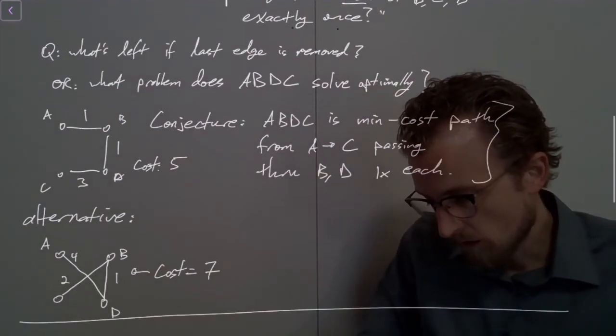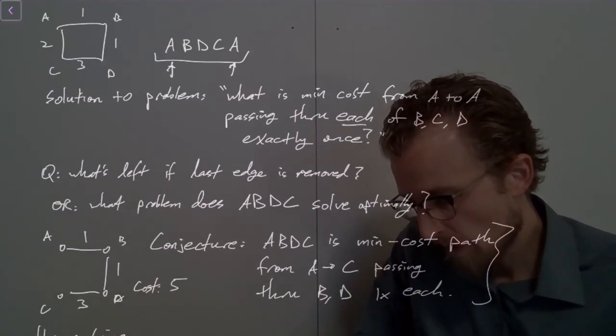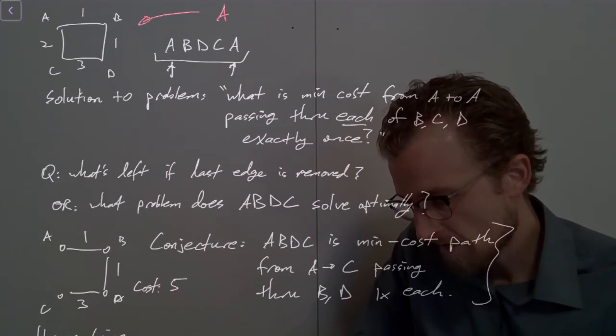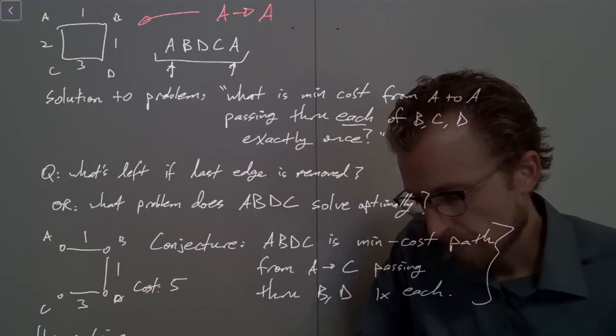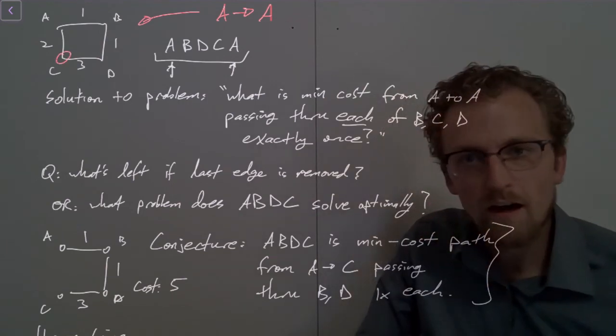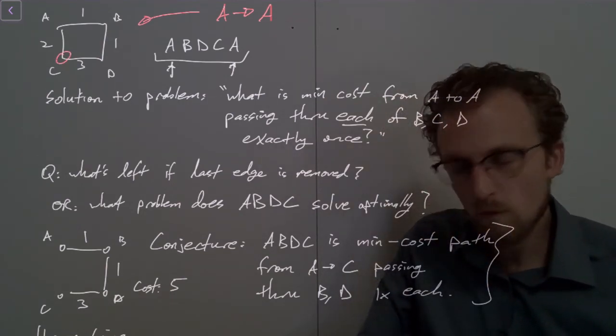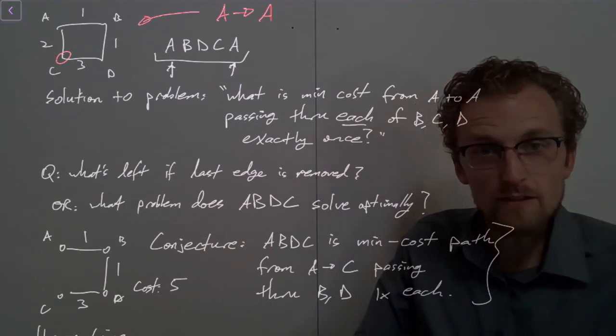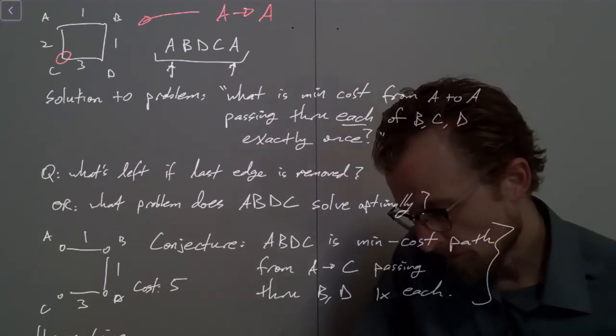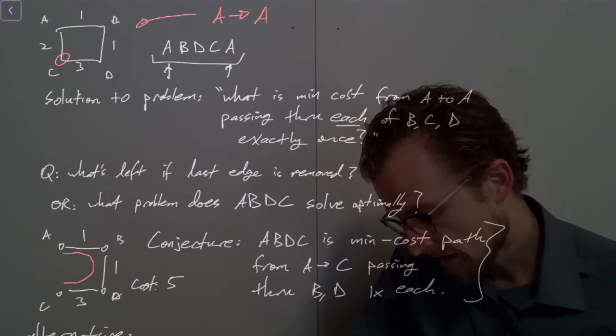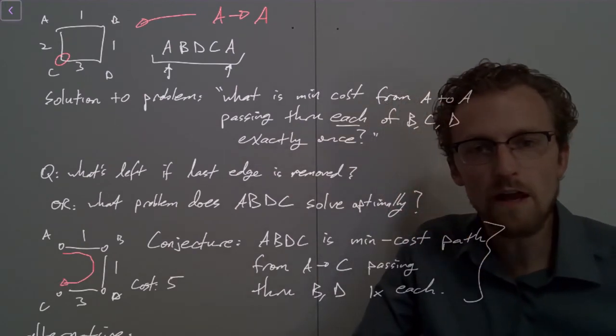Okay? This is exactly what we just did above. We said, look, here's our path from A to A. And we observed the second to last node is C. So then we said, well, that path has to contain the optimal path from A to C down there.